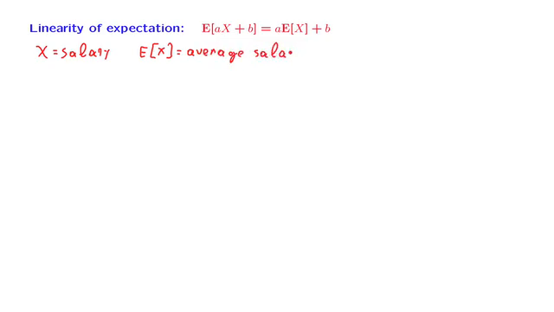And now suppose that everyone gets a raise and Y is the new salary. And generously, the new salary is twice the old salary plus a bonus of $100. What happens to the expected value of the salary, or the average salary?